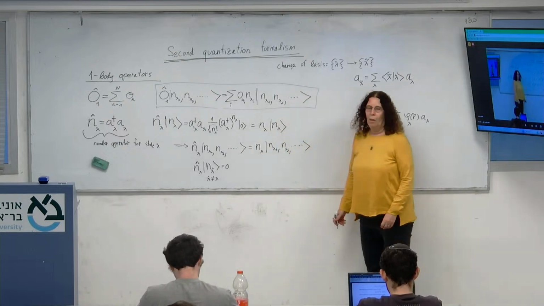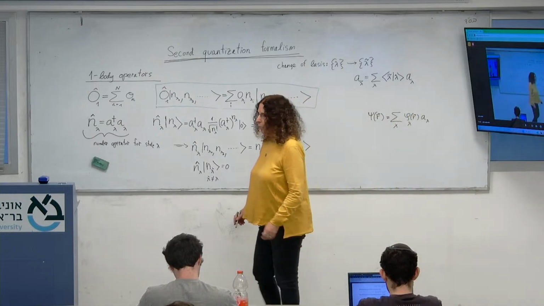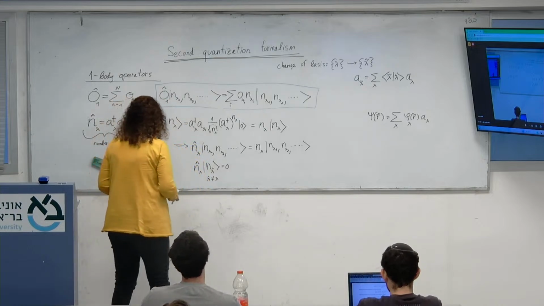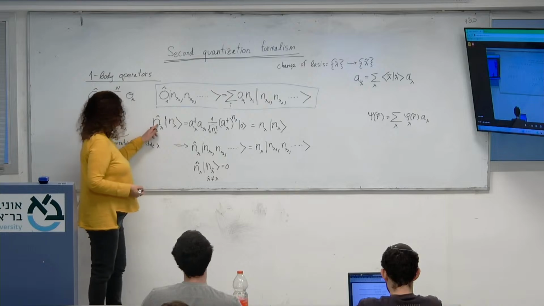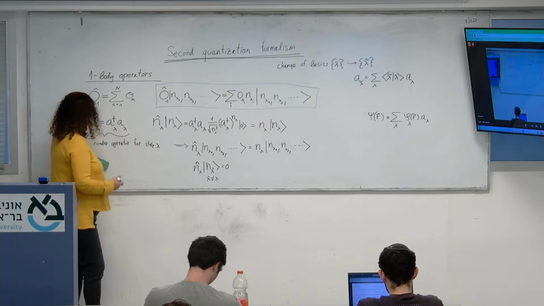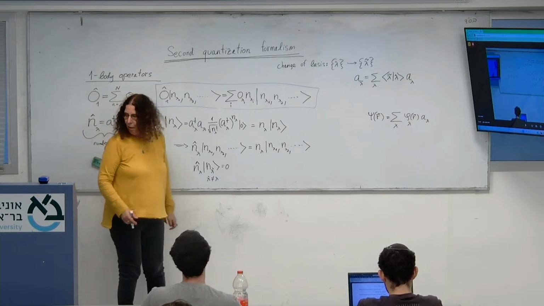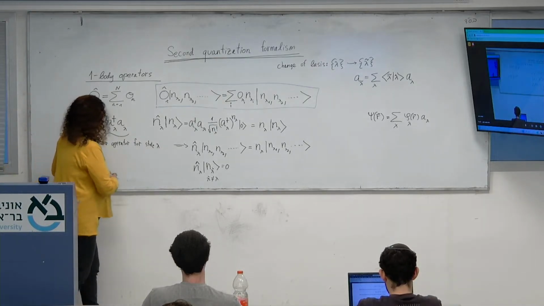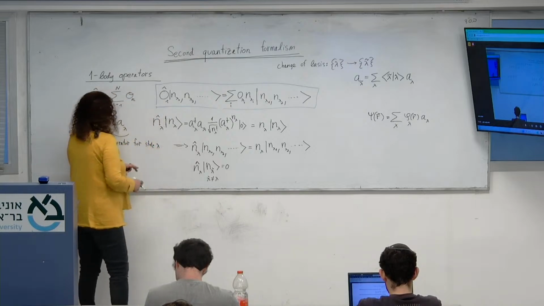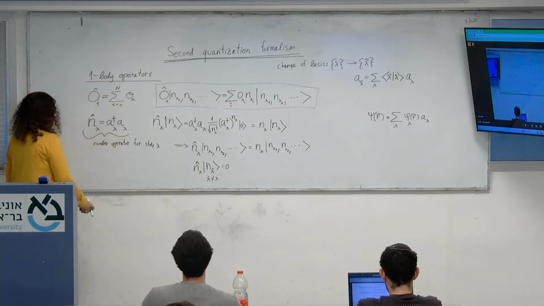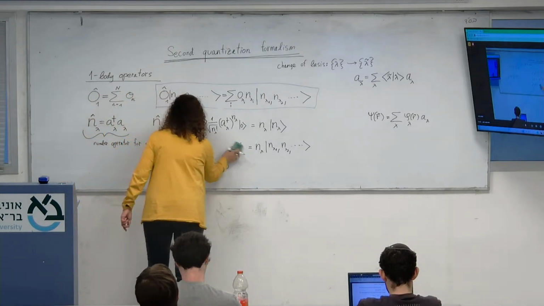So the basis states that we chose, which are states with well-defined occupations of each quantum number lambda, are eigenstates of all number operators. Okay, great. So now let's move forward to show that I can get exactly the same result if I now write my O1 in this language.